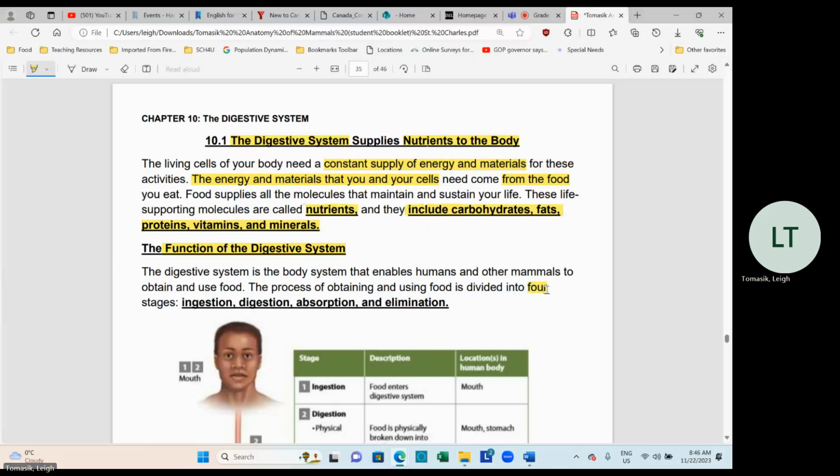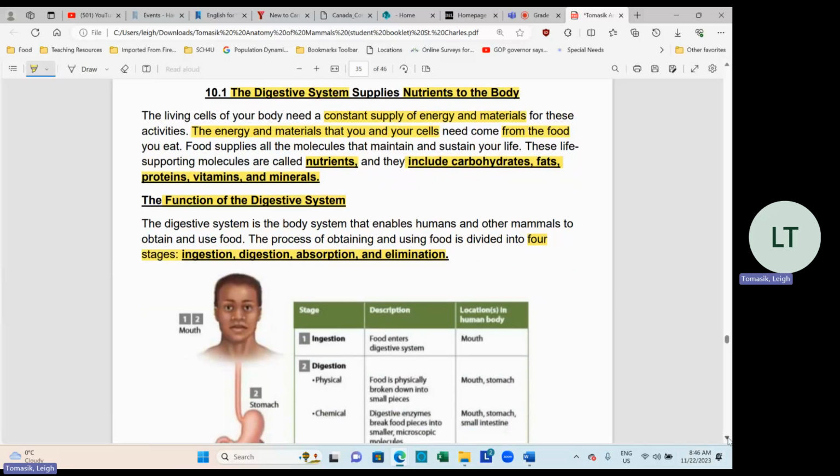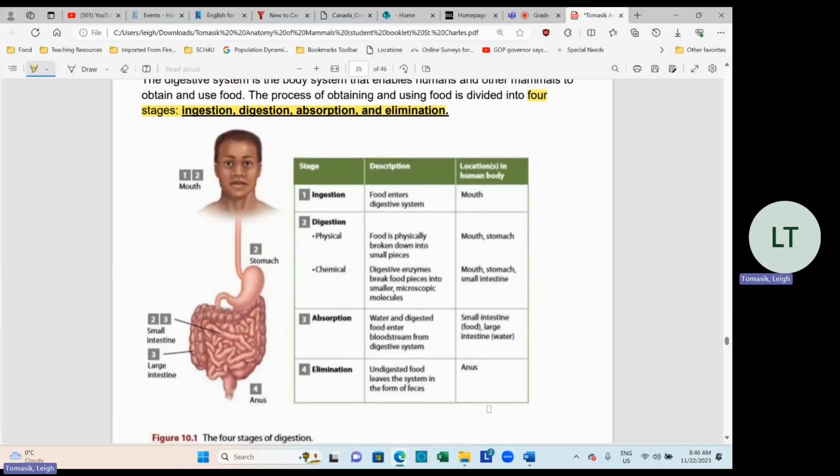So when we're using our digestive system, we go through ingestion first, digestion second, absorption third, and elimination fourth. Here we have a little digestive system, and we'll talk about the four stages and when they happen.